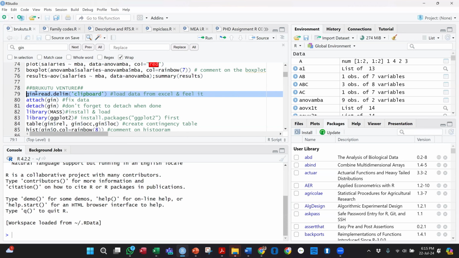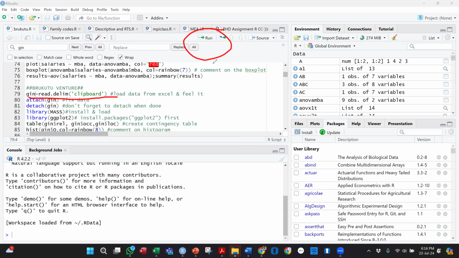By then, you have already copied the command which starts with gin. The gin equal to read.delim. This is a command you use to load the data from Excel. Now, when you click anywhere in that command, and then you run at the top, you either choose Control Enter or you click Run while the cursor is blinking on the section under here.